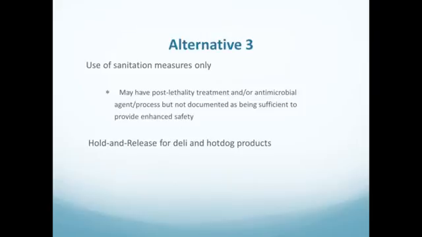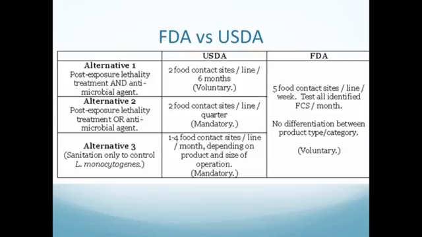So you might think, well, alternative 3 is an easy one, isn't it? Because you don't waste money on validation studies, and you don't have to get an intervention step. But it's not quite the story, because depending on the alternatives, depending on how much scrutiny you're put under. So if you've got alternative 1, which is the lethality treatment and antimicrobial, you essentially get less inspection.